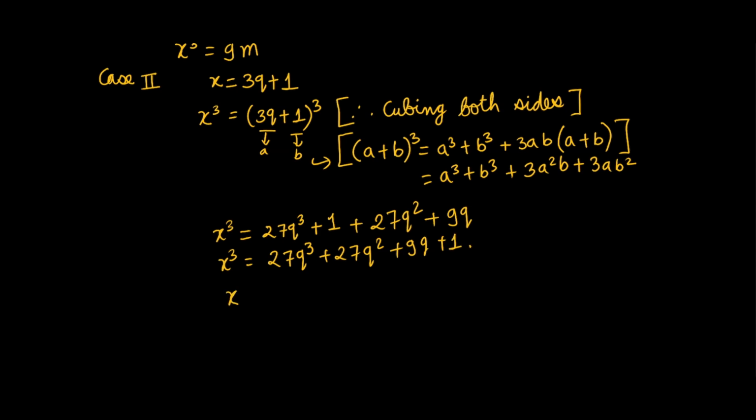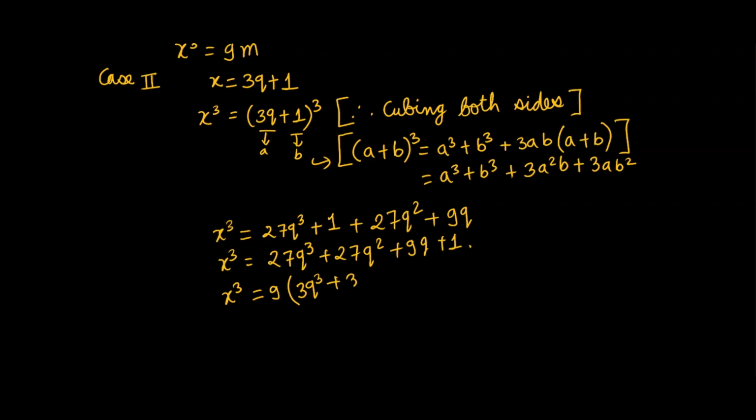So we will take common. What will be common? 9 will be common, only 9 as common. If we take 9q as common, then we will have a q outside the bracket and it will not be easy for understanding.